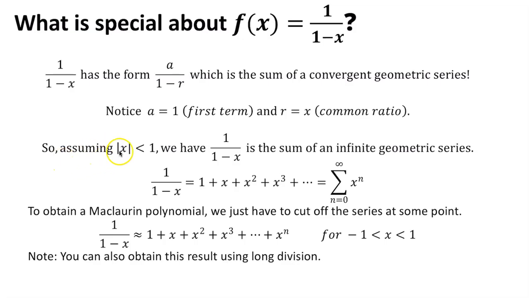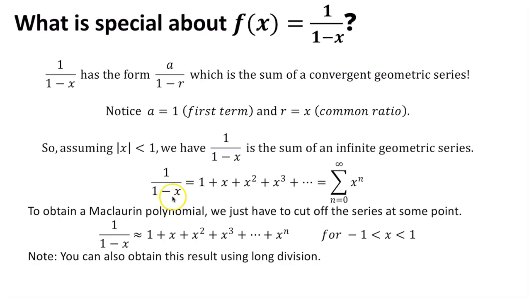So assuming that the absolute value of x is less than 1, because we know that the common ratio, r, in absolute value bars has to be less than 1, then we have 1 over 1 minus x is the sum of an infinite geometric series.